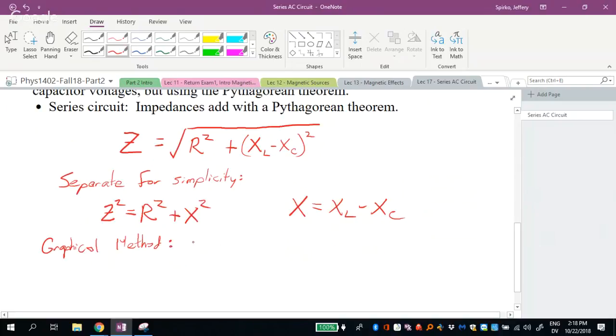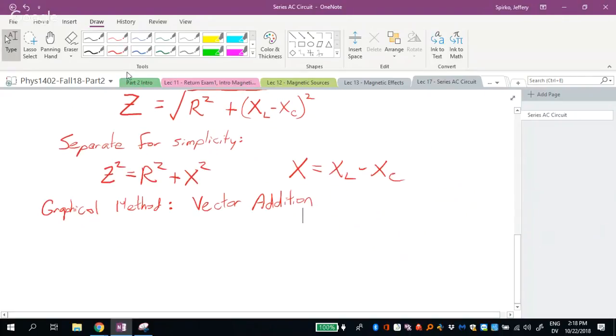The graphical method is vector addition. If I draw a set of axes here, this is the R direction, this is the X sub L direction, this is the X sub C direction.